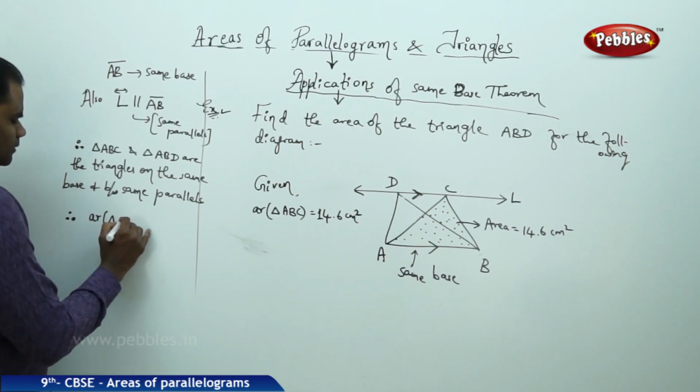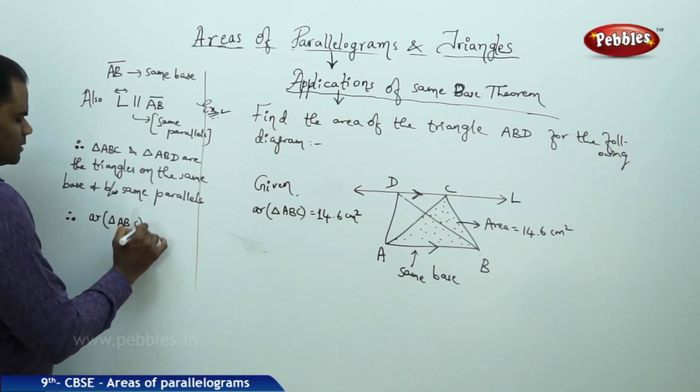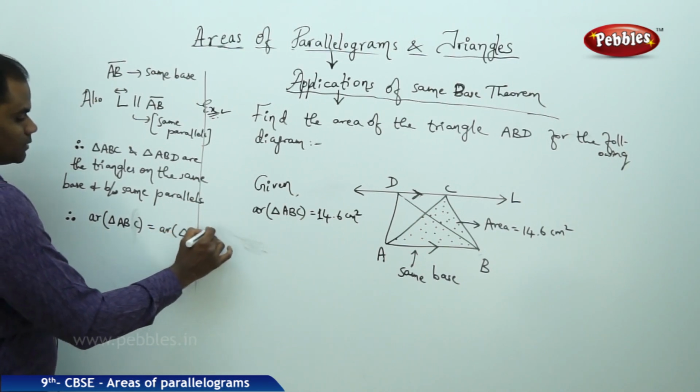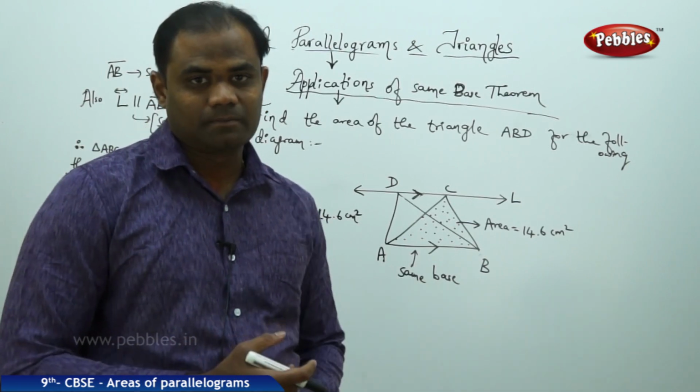Area of triangle ABC is equal to area of triangle ABD; these are the two triangles which have equal areas.